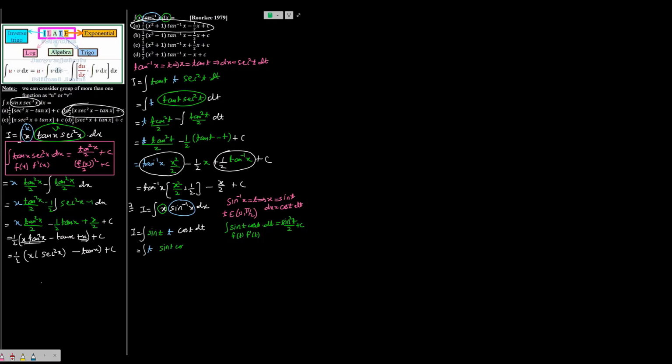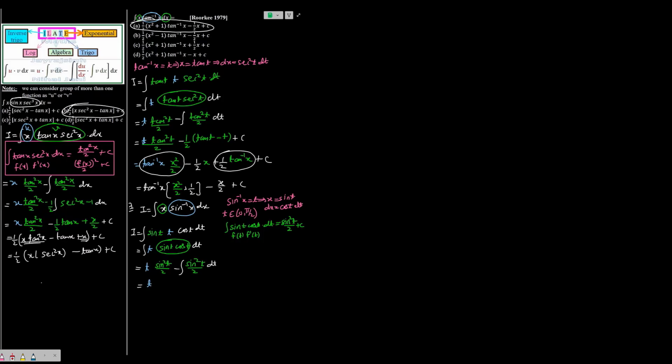Okay, so we can say your t will be your u and sin t cos t will be your v. Now apply the formula. u as it is, integration of sin t cos t will be sin square t by 2, minus integration of, now whose differentiation will we do? t, that will be 1, which we don't write, and integration of v will be sin square t by 2, dt.